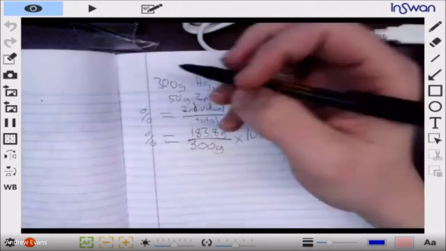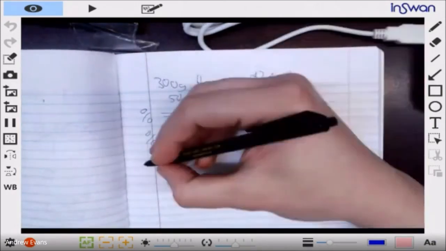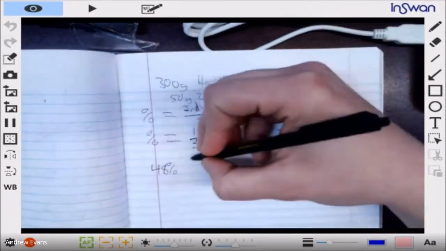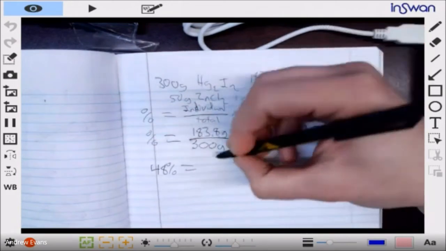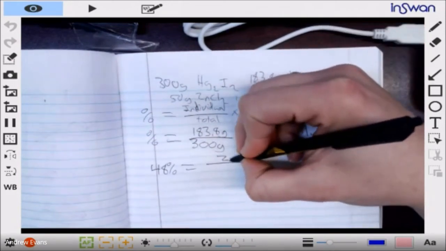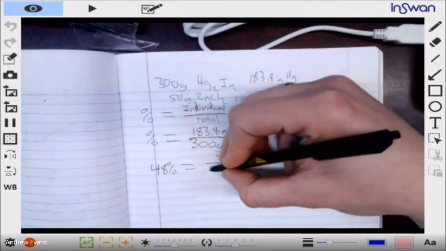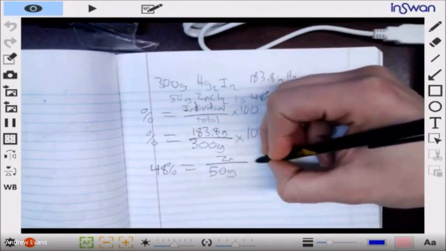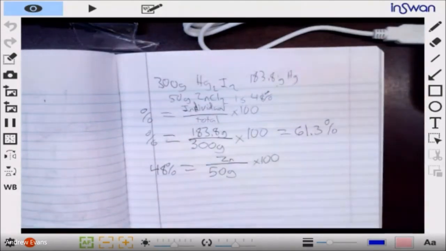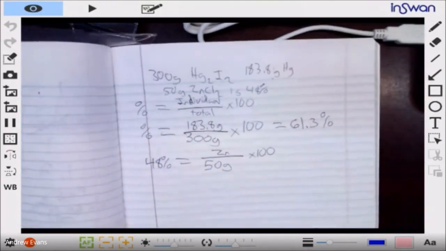Working the other way around, we're given the percent of zinc, 48%. And we want to know how much zinc we have if we have a 50-gram sample. So this one we have to work backwards. We have to isolate.